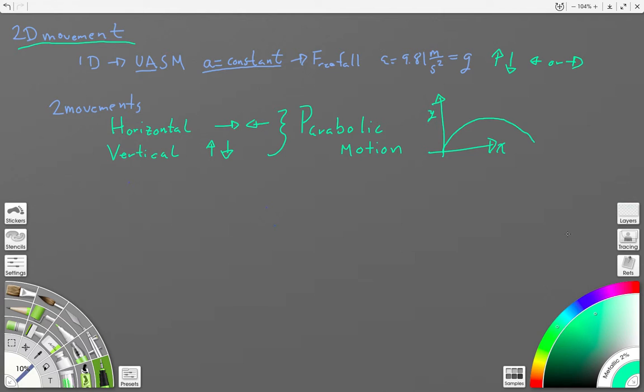For parabolic motion, we will be making the same assumption as we did for one-dimensional movement for free fall. This assumption is that we have no air resistance.